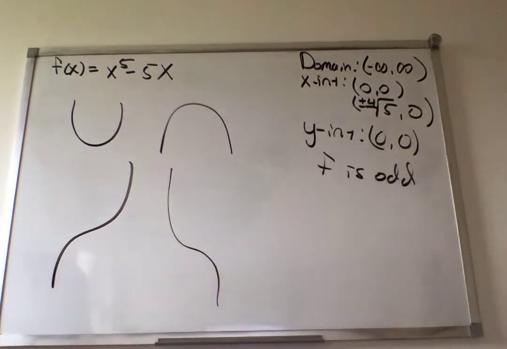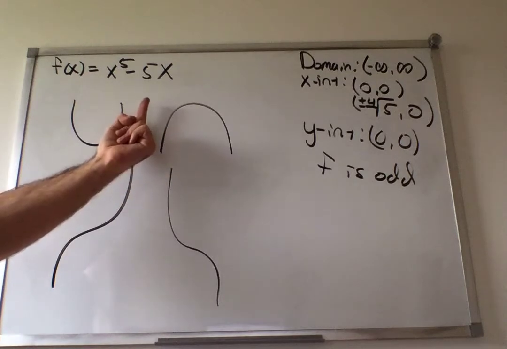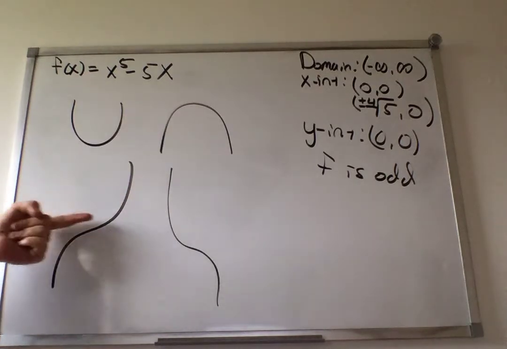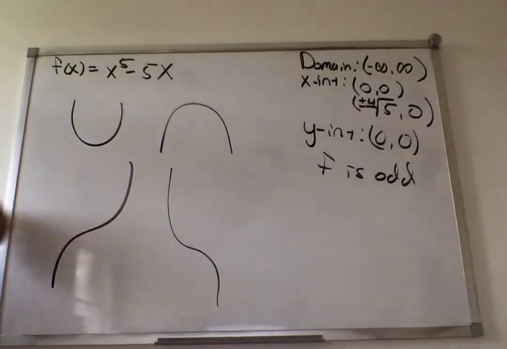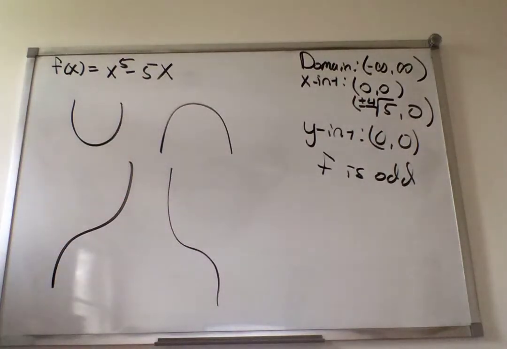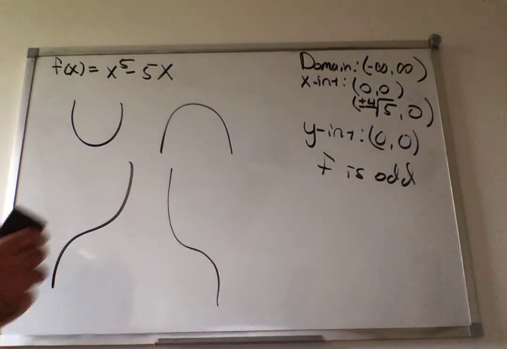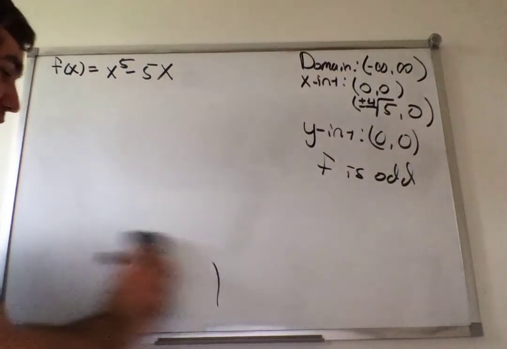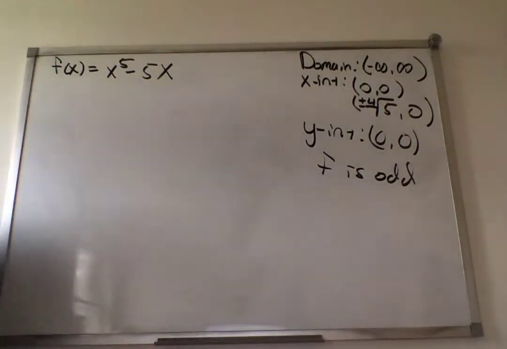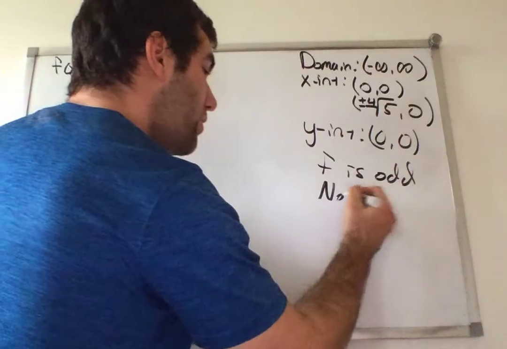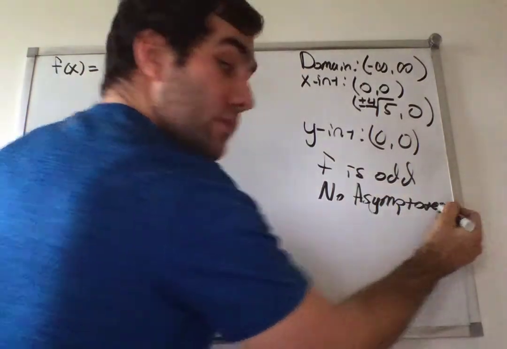So as you can see, this is an odd function, and if x goes to positive infinity, I go up to infinity. If x goes to negative infinity, it goes down to negative infinity. So this does not have any vertical or horizontal asymptotes. In the next example, we'll have some asymptotes, but not in this one. So let's record that. No asymptotes.